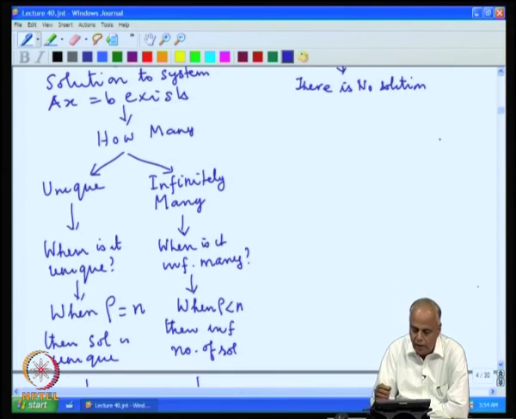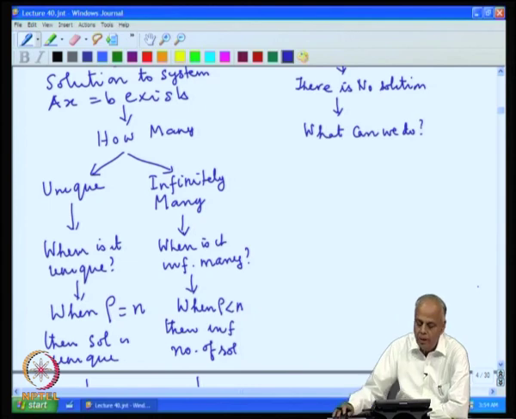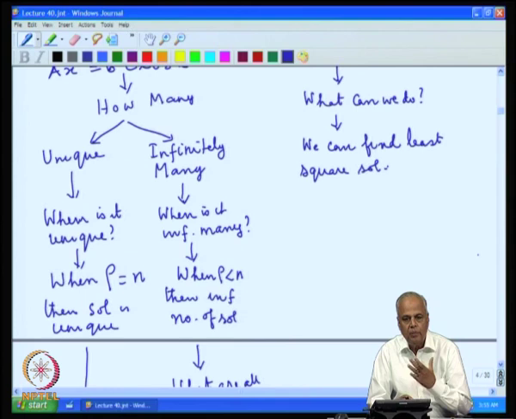So, we said if there is no solution, what can we do? Then we observed that we can find least square solutions, that is solutions which are very close to B and minimize the error.